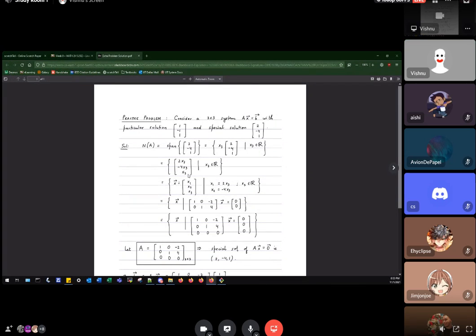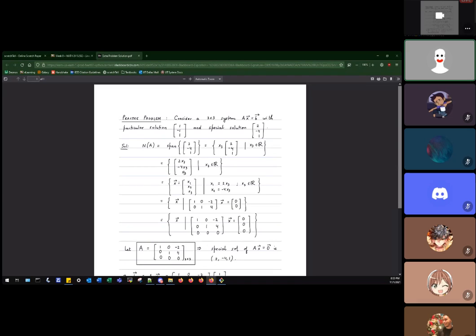From here to here. Oh, we just say let x1 equals 2x3. Yeah, we're given 2x3 and negative 4x3, right? You just say let x1 equals 2x3, let x2 equal negative 4x3.